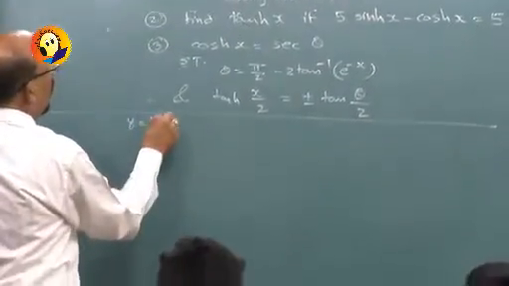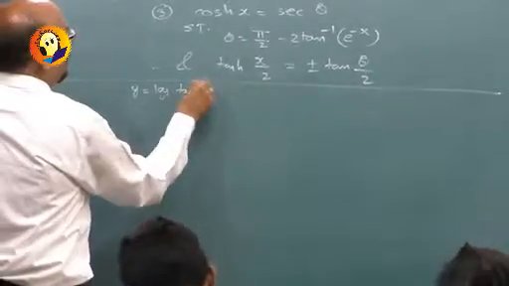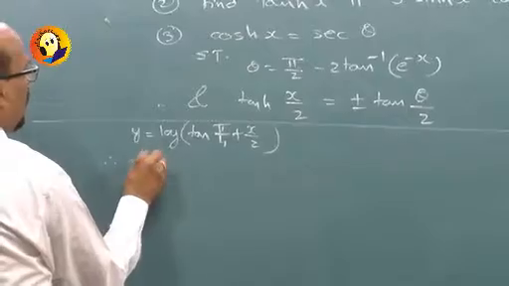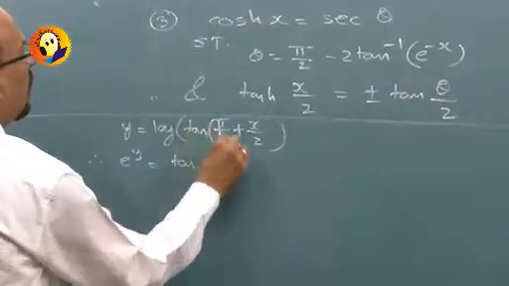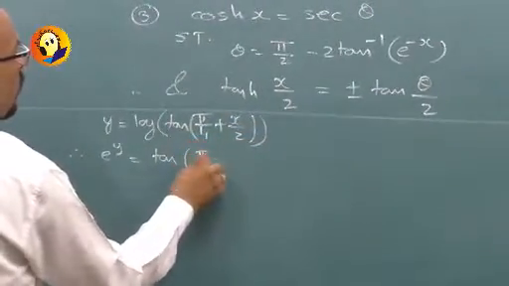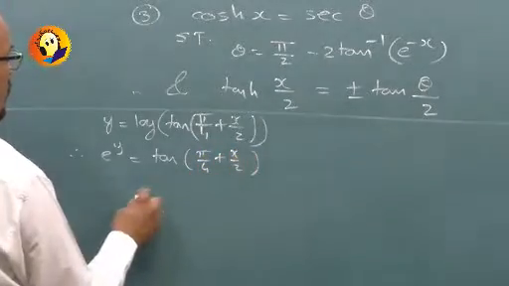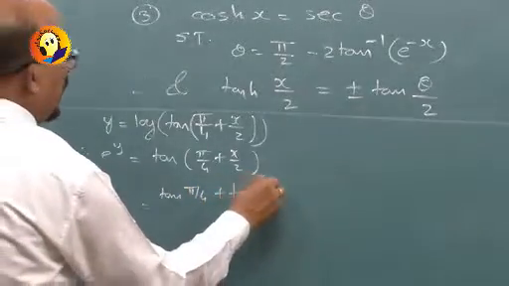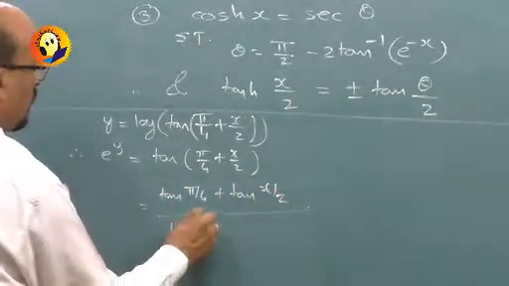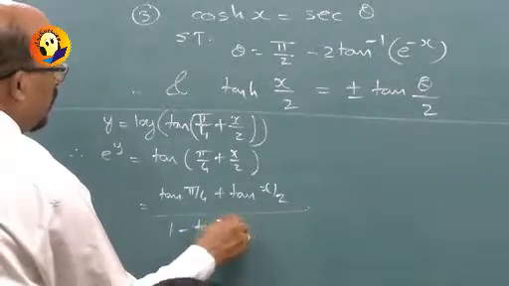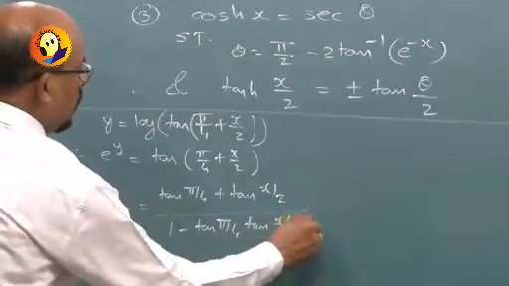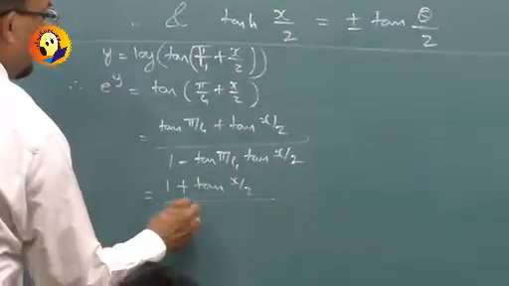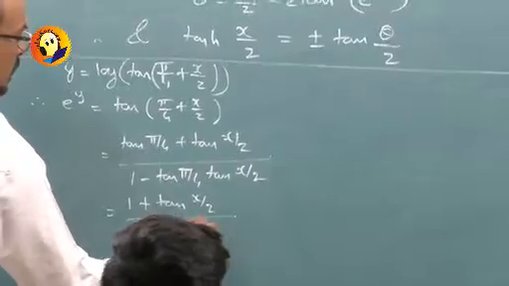Y equal to log of tan of pi by 4 plus x by 2. So therefore e raised to y is tan of pi by 4 plus x by 2, which is tan pi by 4 plus tan x by 2 upon 1 minus tan pi by 4 tan x by 2, which is 1 plus tan x by 2 upon 1 minus tan x by 2.